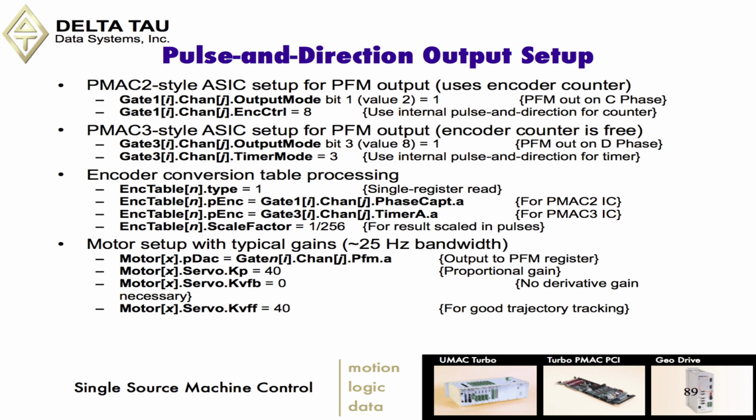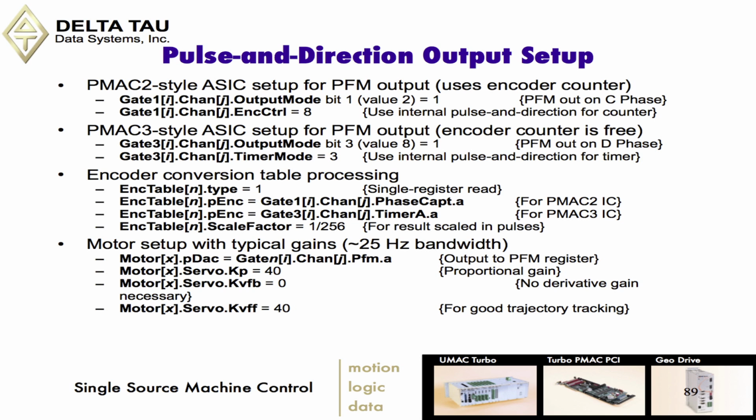We would set the encoder control for 8 to use the internal pulse and direction outputs. On a PMAC 3 style gate, there's a couple of ways that we can do that. The most typical way is to use timer mode 3 so that we're freeing up the encoder counter for use either as another encoder to be used by somebody else or as a check encoder for the stepper mode.